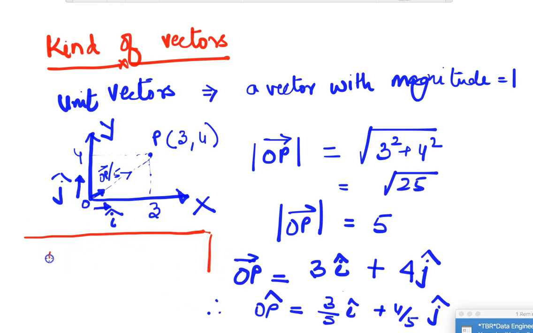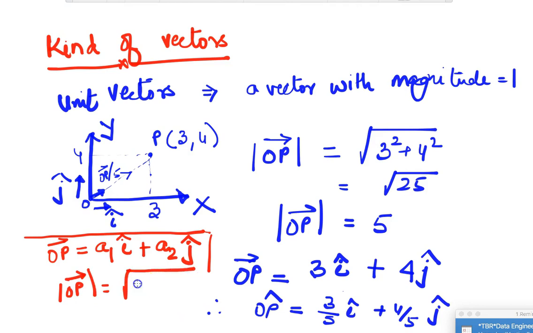This signifies that OP vector is represented by A1 i cap, that is a magnitude of A1 towards the x direction, plus magnitude of A2 towards y direction. Then the magnitude of a vector can simply be the square root of A1 square plus A2 square.